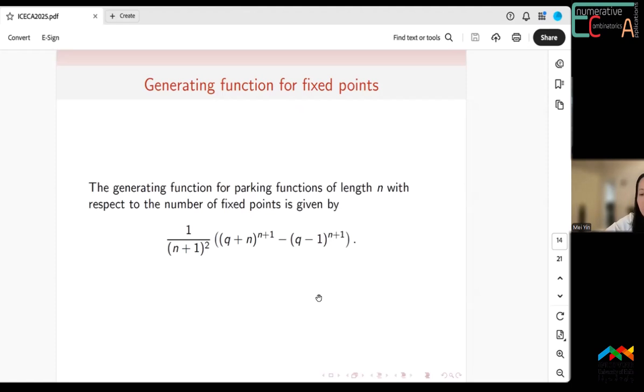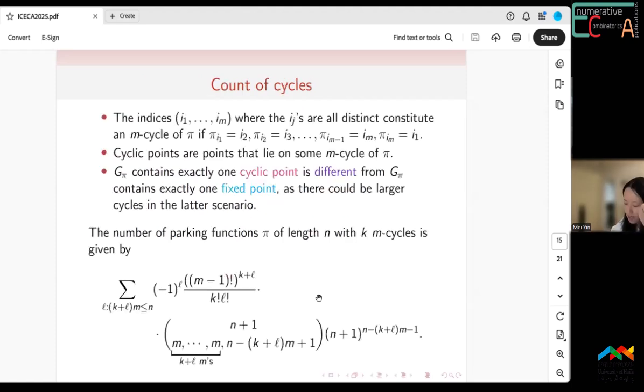Okay, so next, I will show you how we generalize the result to the count of cycles. To count cycles, we use an idea that Richard used in his previous talk. Instead of choosing one point, we will choose a tuple of points. But first, here is a formula. The number of parking functions of length n with k m-cycles is given by this more complicated looking formula.